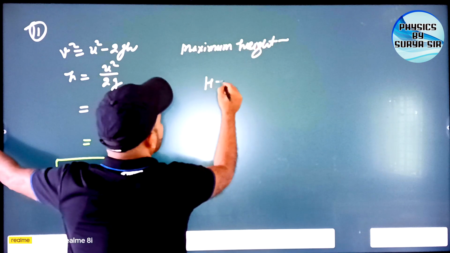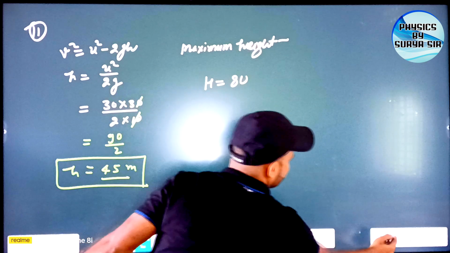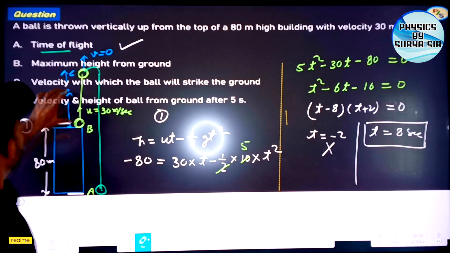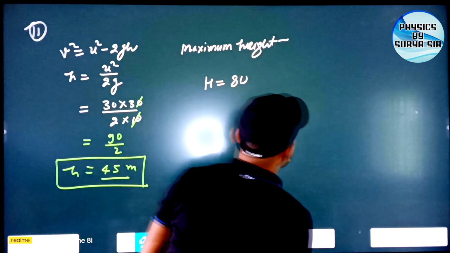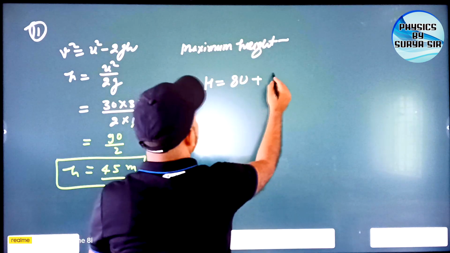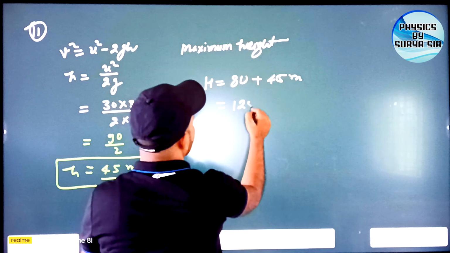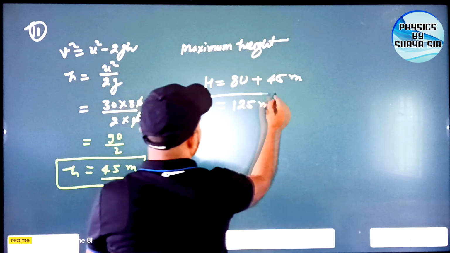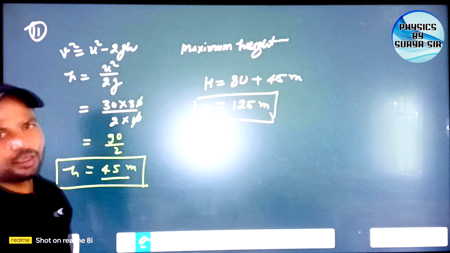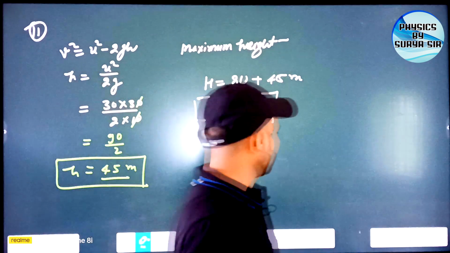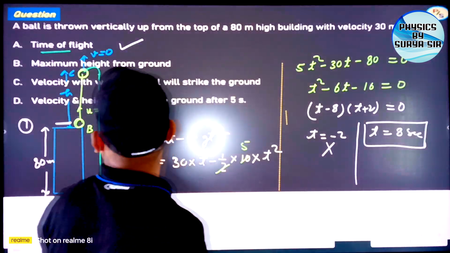Maximum height H will be 80 meter, plus this small h, which is 45 meter. So we are getting 125 meter. So this is the value of maximum height. This is the second question.